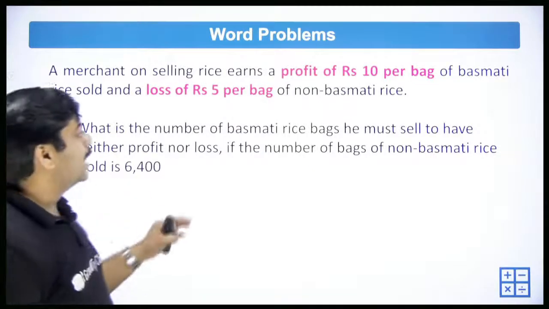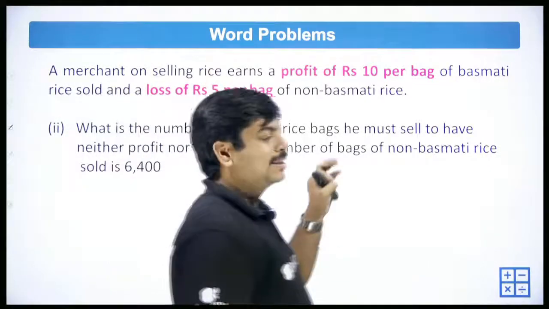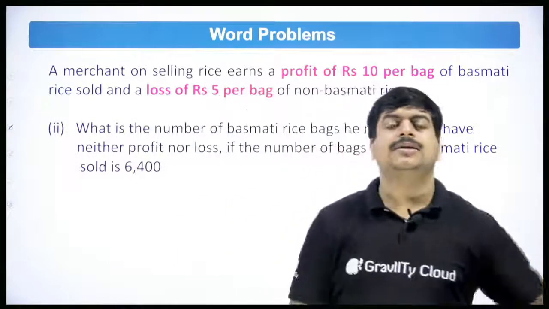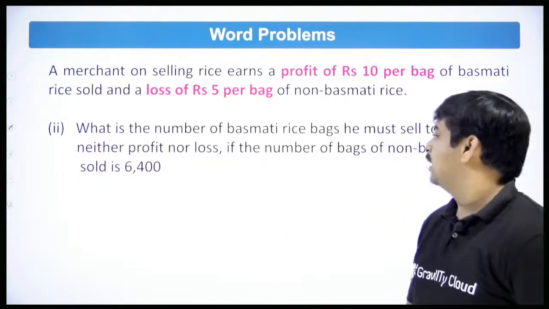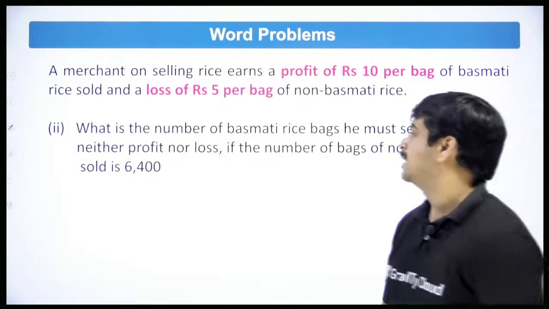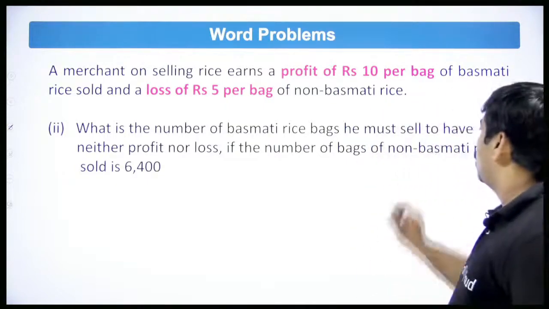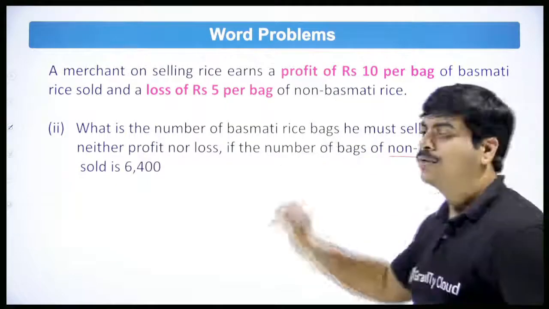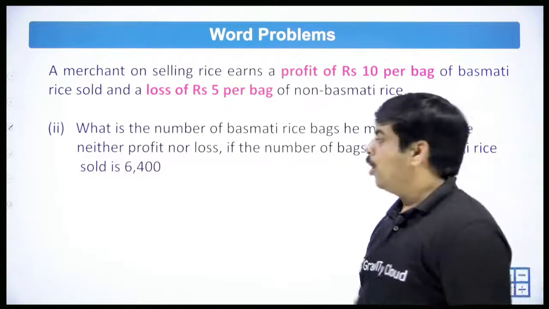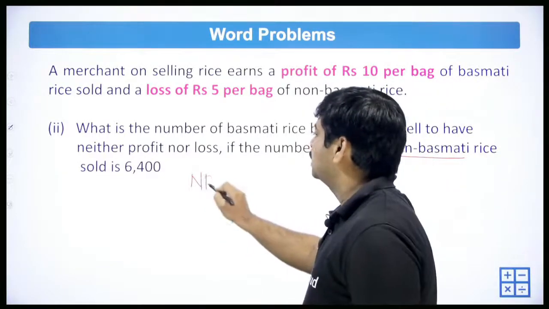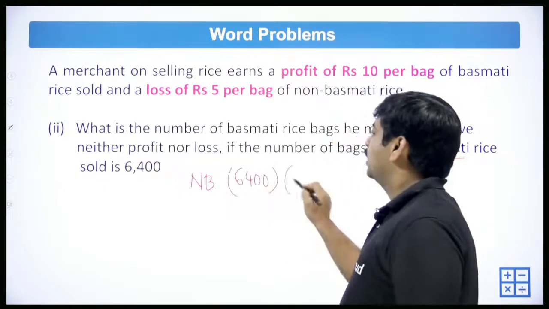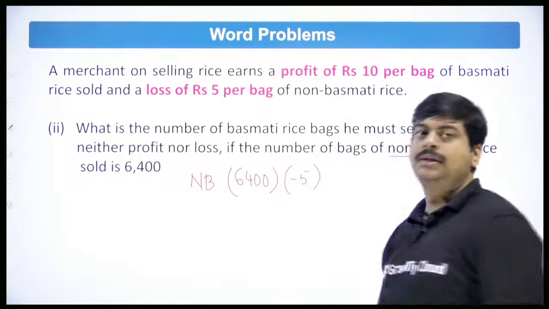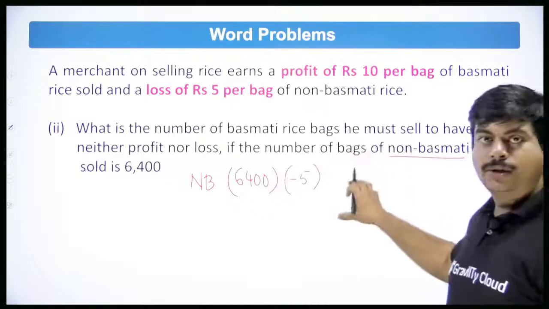What is the number of basmati rice bags he must sell? Now we need to find the number of basmati bags he has to sell to have neither profit nor loss if the number of bags of non-basmati rice is 6,400. Non-basmati rice, you're having 6,400 bags into, for every bag, a loss of minus 5 rupees, right? So you know how much this amount is.